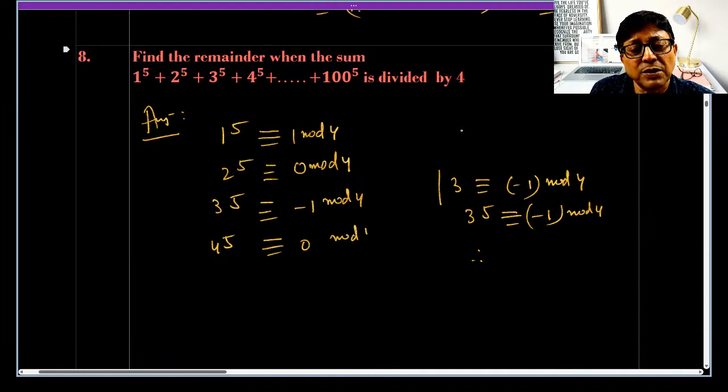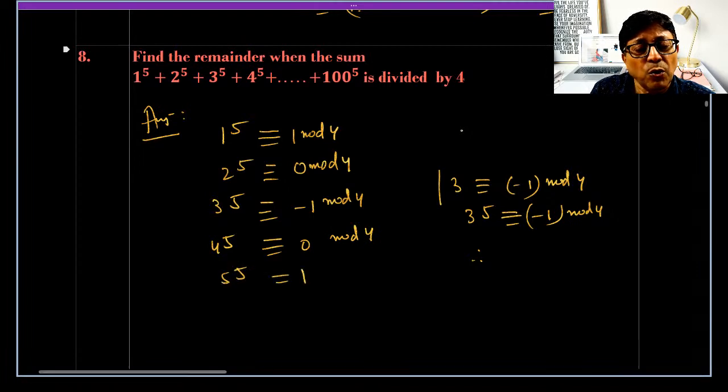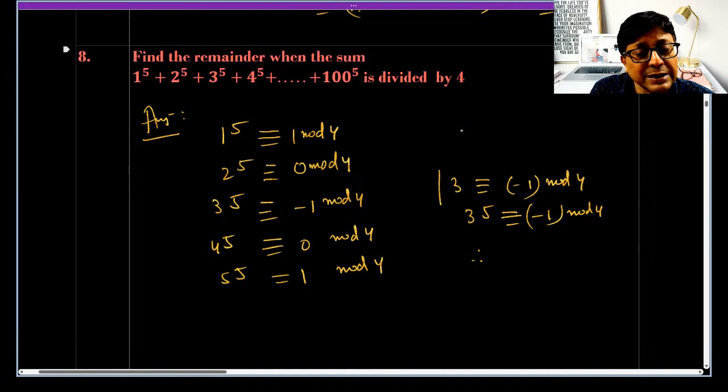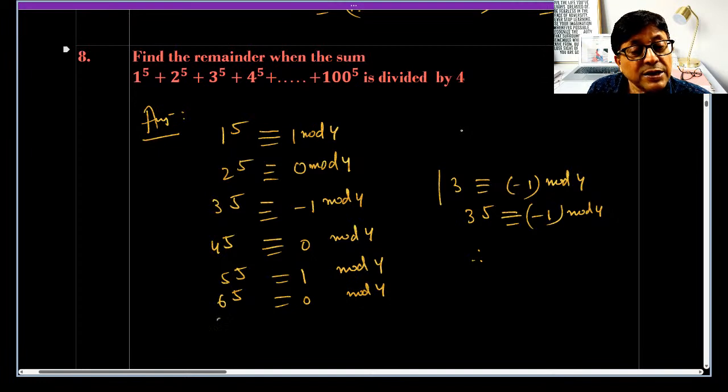4 to the power 5, 0 mod 4. 5 to the power 5, 1 mod 4. 6 to the power 5, check, 6 to the power 5 is nothing but 2 to the power 5, it is 0 mod 4 again. 7 to the power 5 is nothing but 3 to the power 5 mod 4, this will be again minus 1 mod 4.